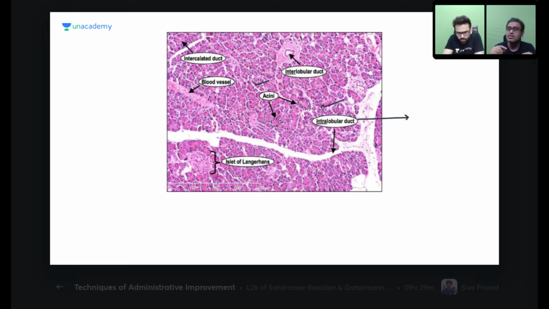And the larger ducts we will be seeing more in the septa, because the septa are running between the acini. So you can look at the epithelium, you can look at the brush border. They will be present differently in the smaller ducts and the larger ducts. Just between the acini, you will have the smaller ducts. In the septa, you will have the larger ducts. As simple as that. Keep it very simple. We won't make it much complicated.